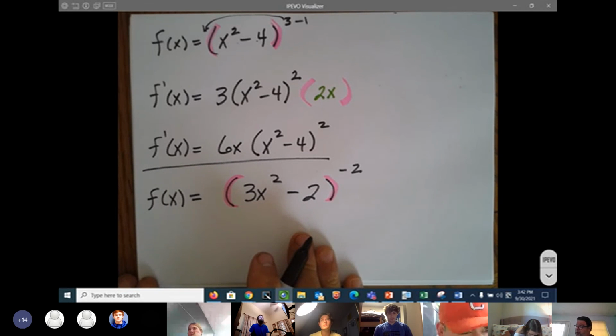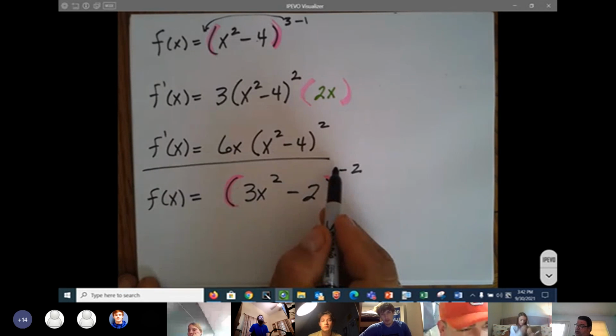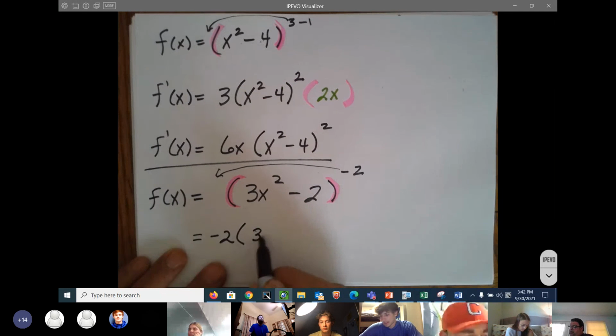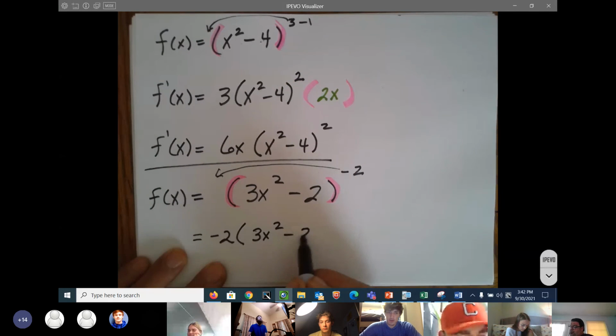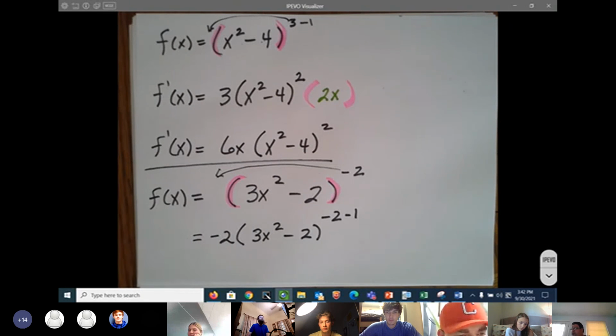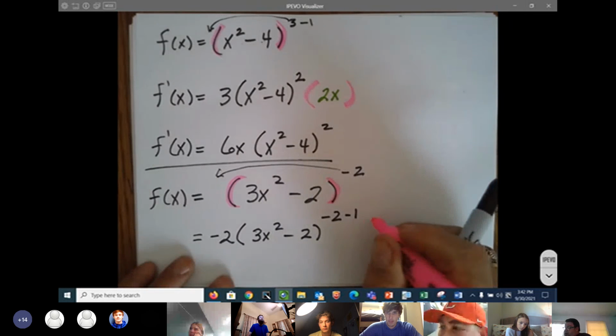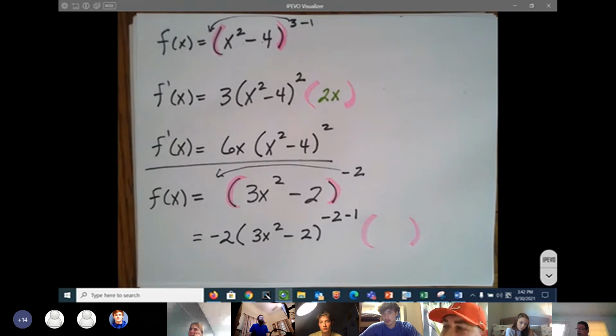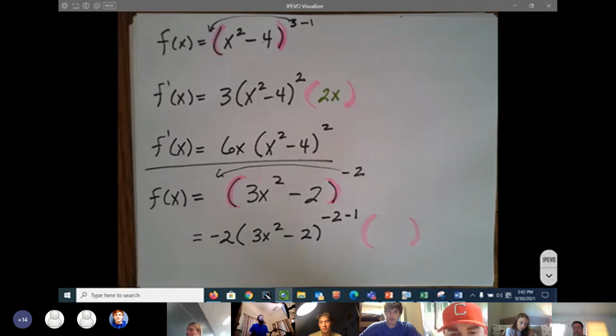Somebody give me, what are we going to do? Bring the -2 out. (3x squared minus 2) to the -2 minus 1. And what is the derivative of 3x squared? 6x. 6x.